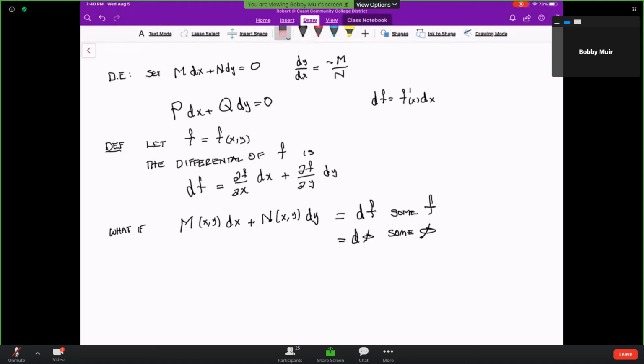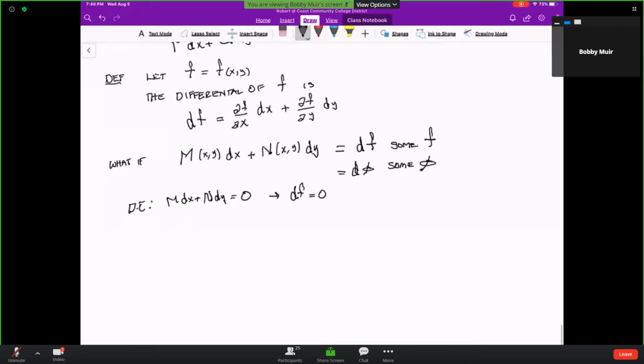Well, then if that was the case, and you had the differential equation M dx plus N dy equals 0, that would mean the differential of f is equal to 0. Now think of the differential as the derivative type thing. Wouldn't that tell you that f has to be a constant?